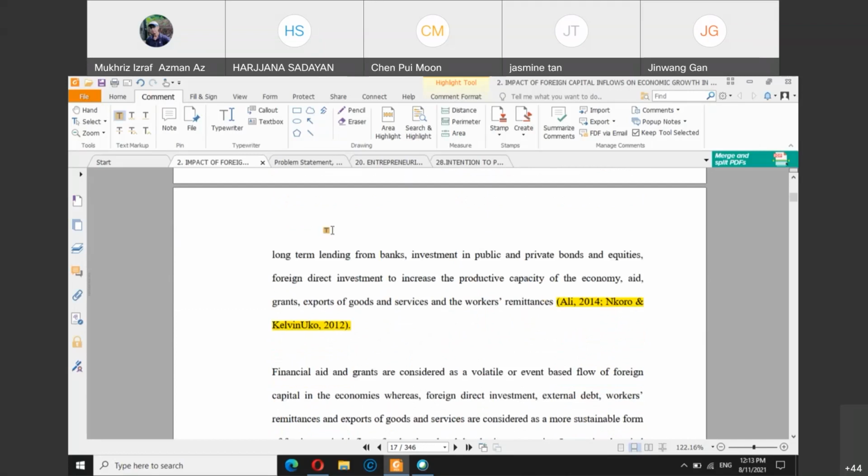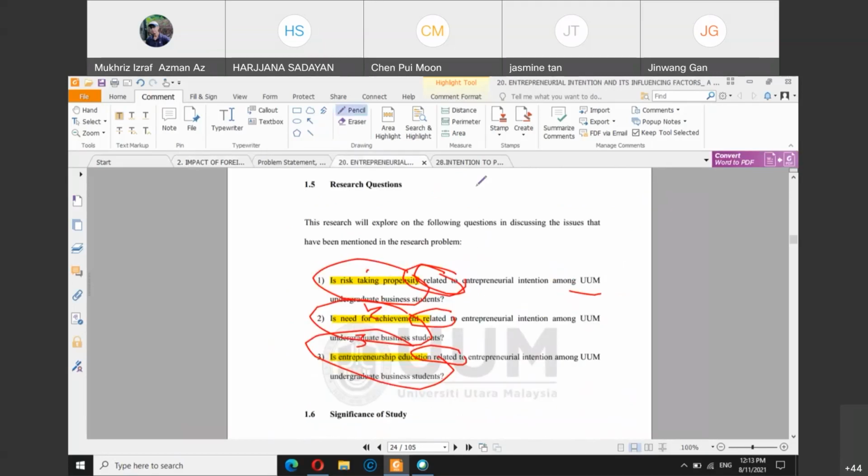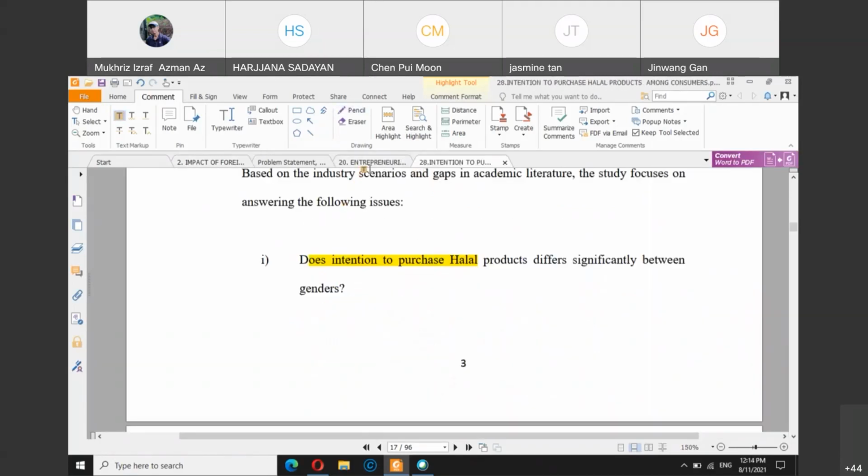Whatever sentence or information that you provide, especially if it involves mentioning the relationship between A and B, hubungan antara faktor A, faktor B, if there is a relevant literature or articles that can support you, then you need to provide this. So that brings me to these three factors.